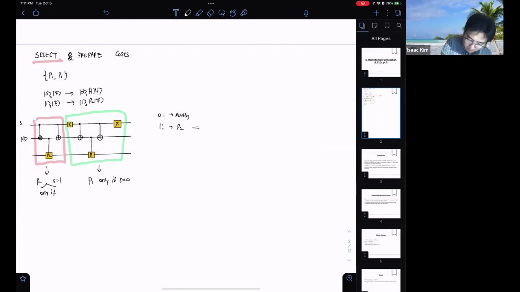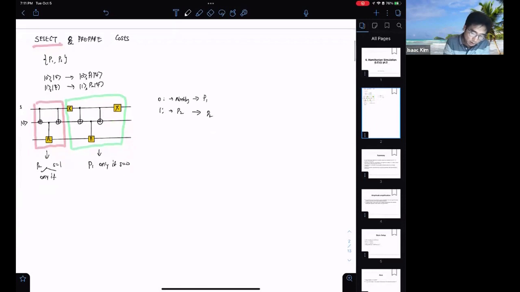This way, in the second stage, if S is in the 1 state, you do nothing, so the thing you end up doing is still effectively only P2. In the second stage, if you're in the 0 state, then you end up applying P1. So this is as desired.